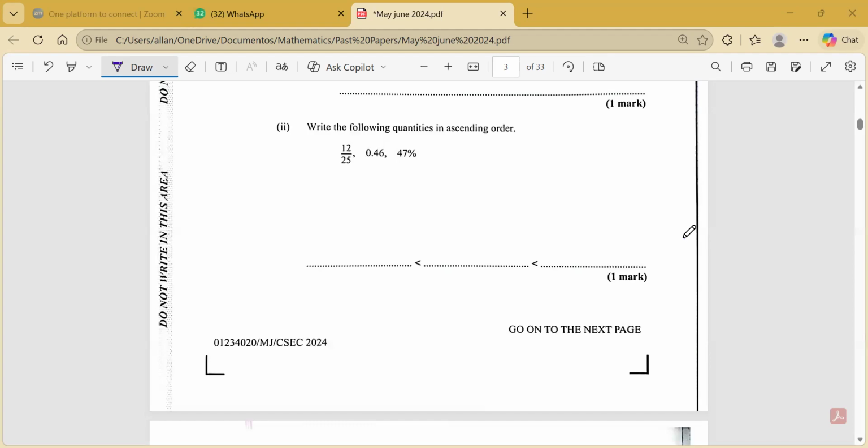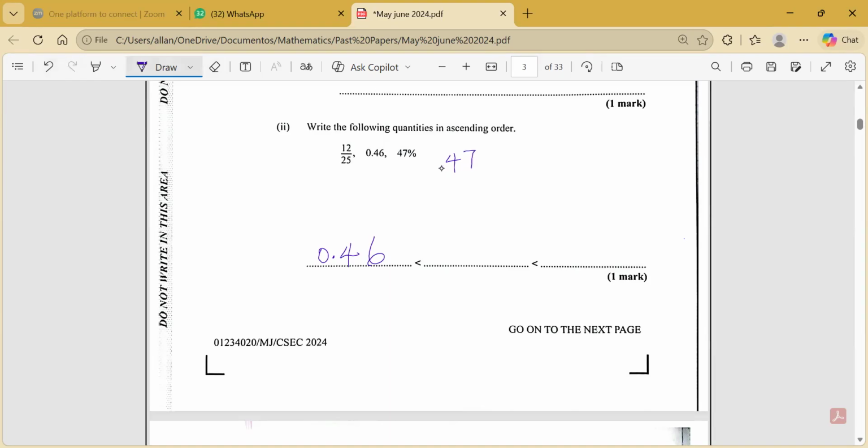Ascending order means you're starting from the lowest, and the lowest would have been 0.46. 47% is 47 on 100, which is 0.47. So that would be after 0.46.